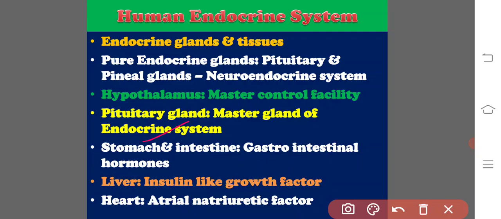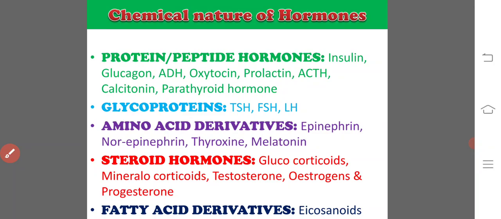For example, the stomach and intestine produce gastrointestinal hormones, whereas the liver produces insulin-like growth factor and the heart produces atrial natriuretic factor. So not only the specific endocrine glands, certain tissues of certain organs and systems also act like endocrine organs.